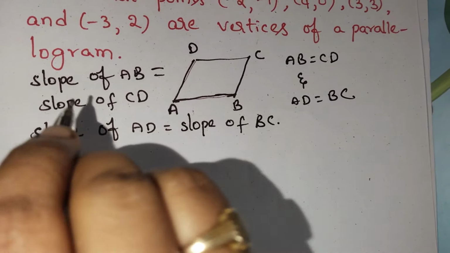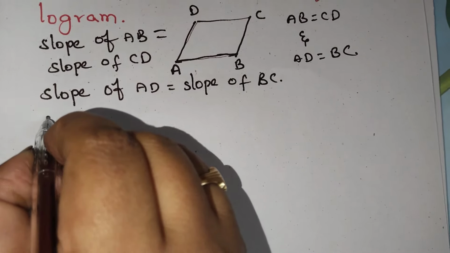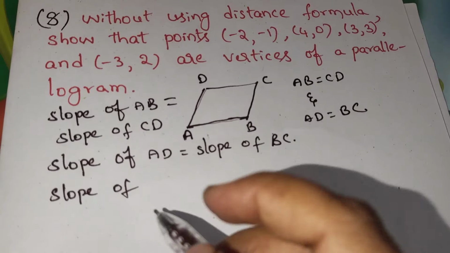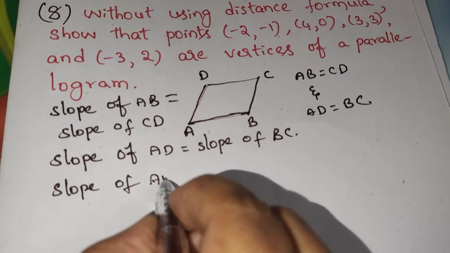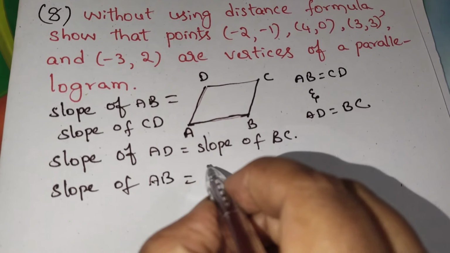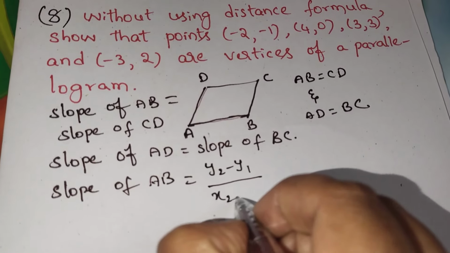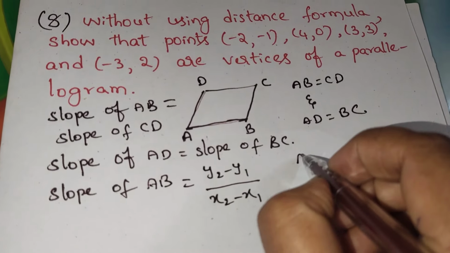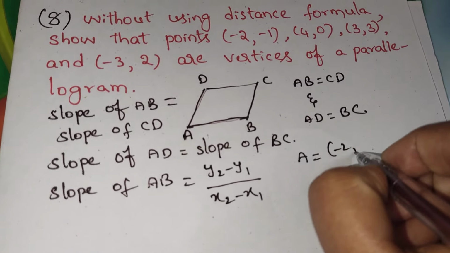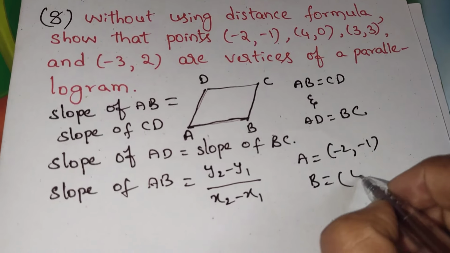Okay, first we start with the slope of AB. The slope formula is y2 minus y1 by x2 minus x1. Write the A point: A is (-2, -1) and B point is (4, 0).